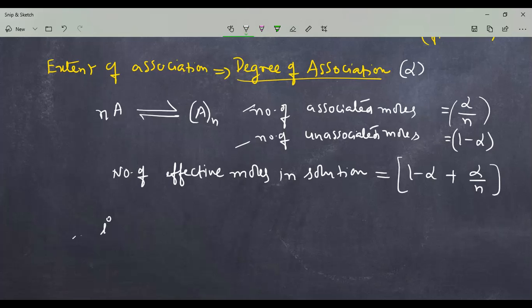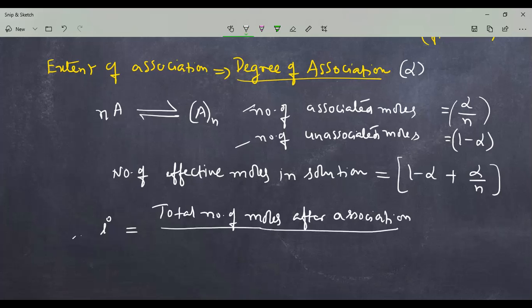Therefore, what is the Van 't Hoff factor? It equals the total number of moles after association divided by the total number of moles before association.